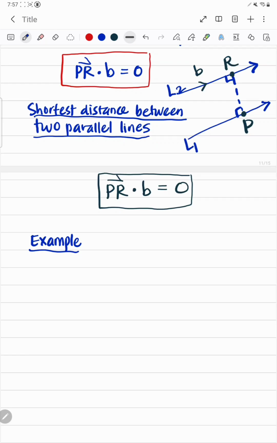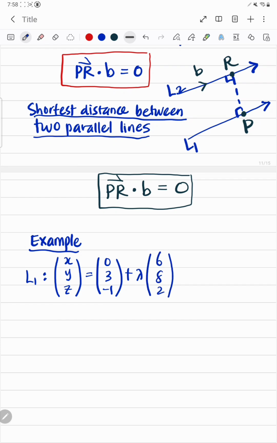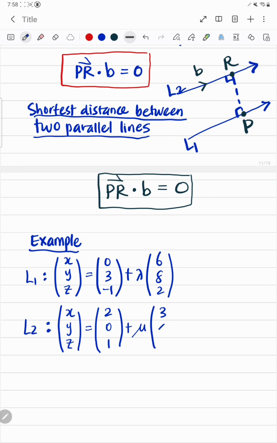Let's look at an example here. Line 1: (x, y, z) equals (0, 3, -1) plus lambda (6, 8, 2), and line 2 has column vector equation (x, y, z) equals (2, 0, 1) plus mu (3, 4, 1).